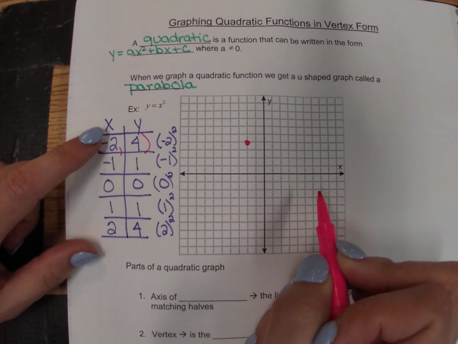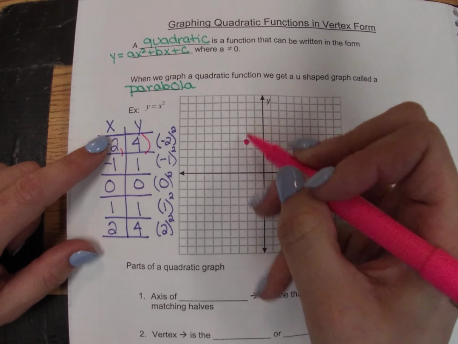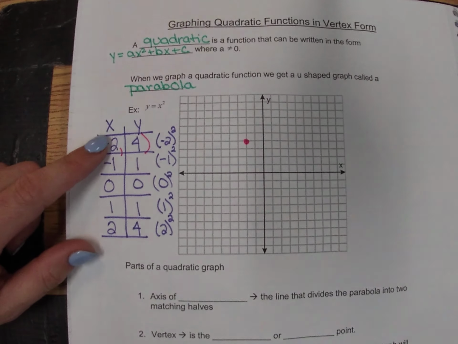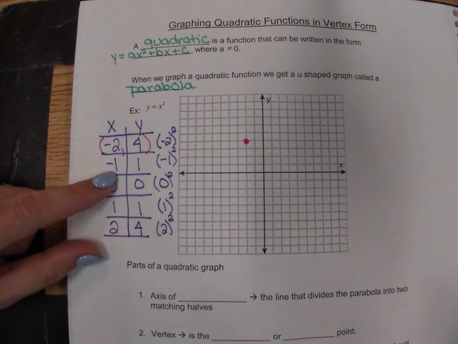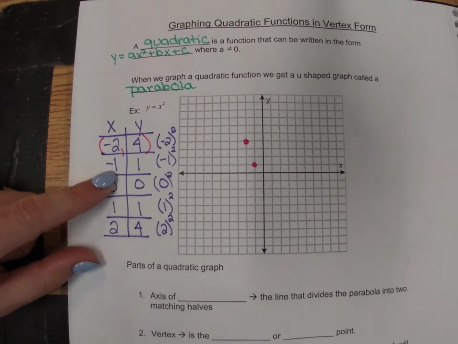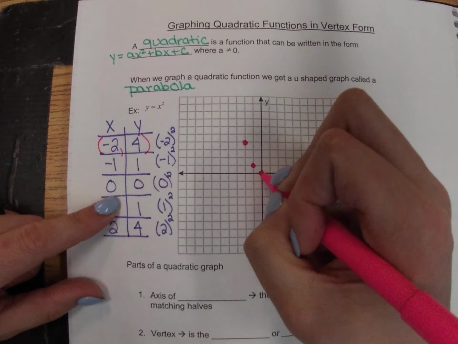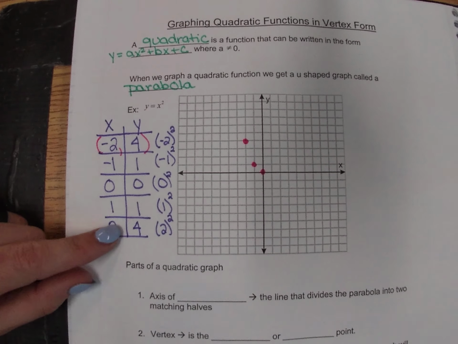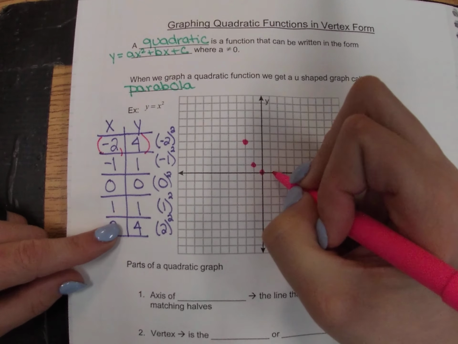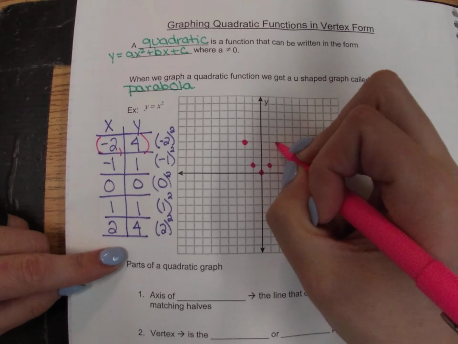This is our x value. It goes on our x-axis, and then our second value is our vertical movement or our y-axis movement. Next I'm going to plot the point (-1, 1). I'm going to plot the point (0, 0), which is just our origin right there in the middle. (1, 1). And (2, 4).